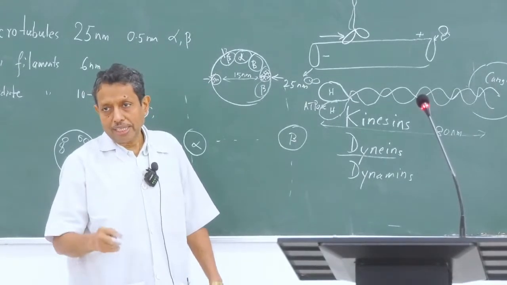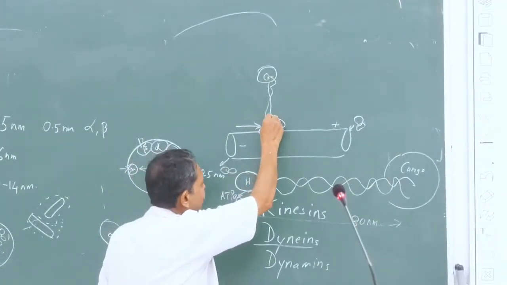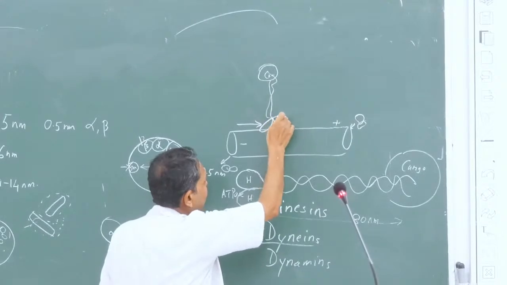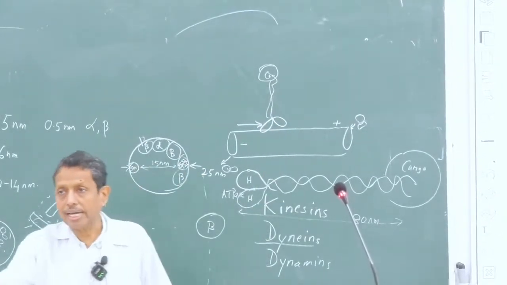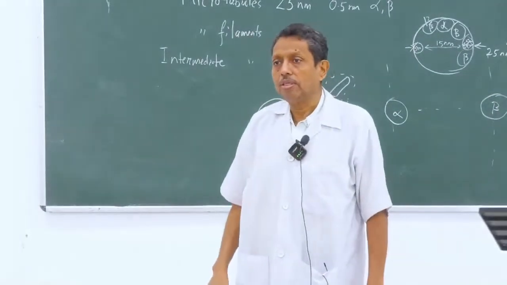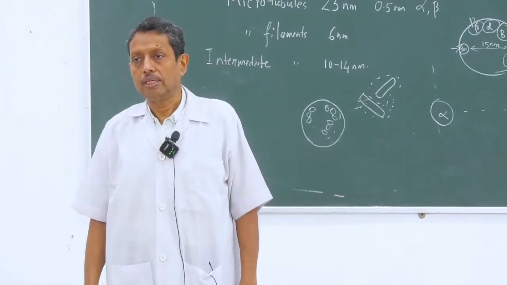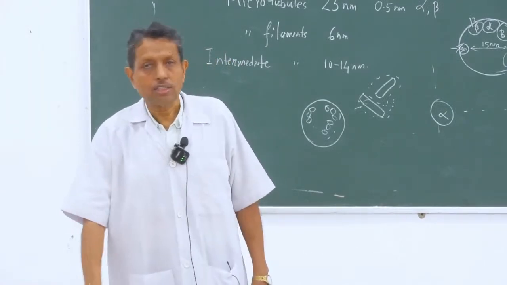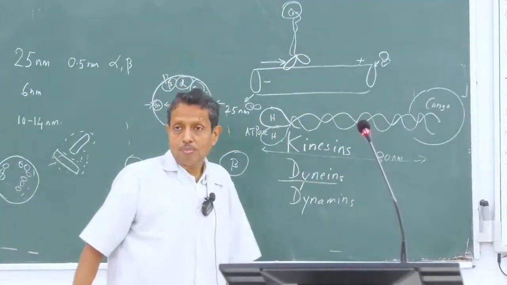By means of the energy there is movement, and it changes its place along with the structures. Then the other head will bind, and in this way walking can take place along with the cargo. Clear? And in this way, from the negative to the positive side, they bring products.